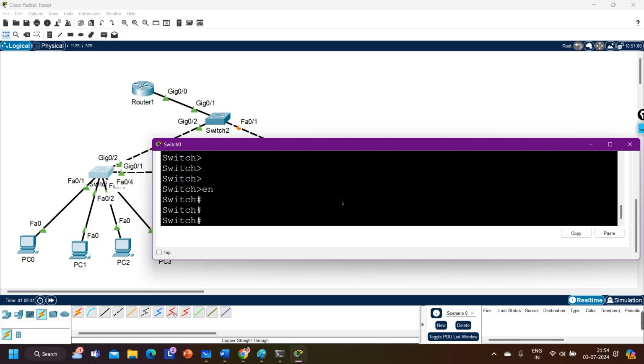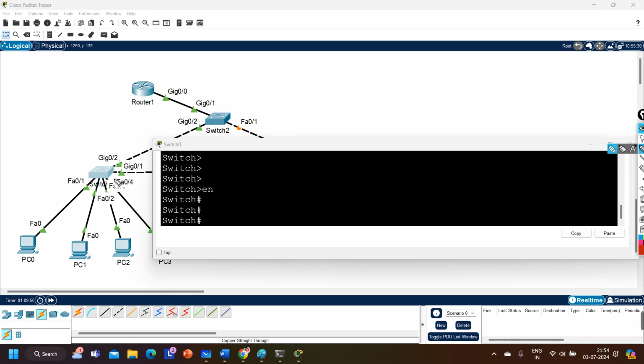Like see, line protocol of 0/1 on this switch means what? Port of PC0. Line protocol of 0/0 means I am talking about this port. If line protocol of this port is down, guys, that means what? This interface is down. If this interface is down, then their status will be down.